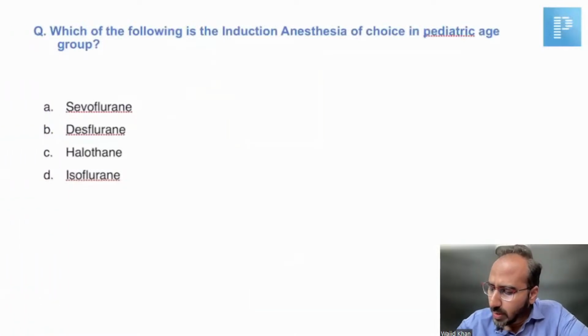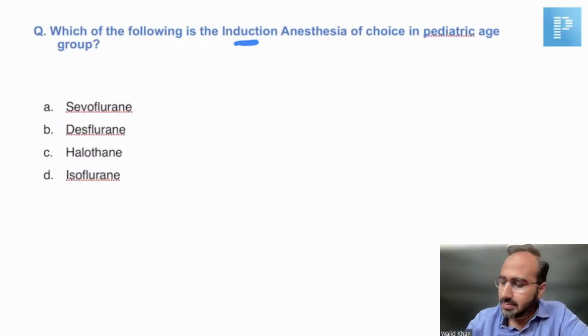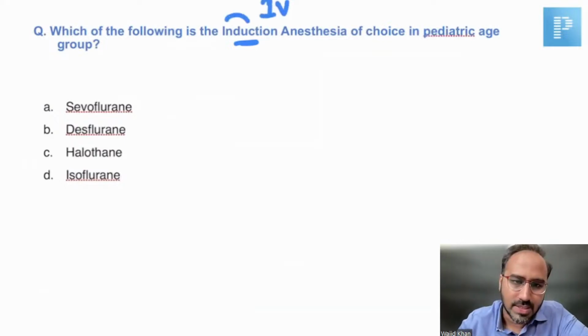Coming to the next question, guys. Which of the following is the induction anesthesia of choice in pediatric age group? First of all, you need to understand this. Induction basically is done by IV induction agents. Induction means you need to make the patient unconscious by IV induction agent.